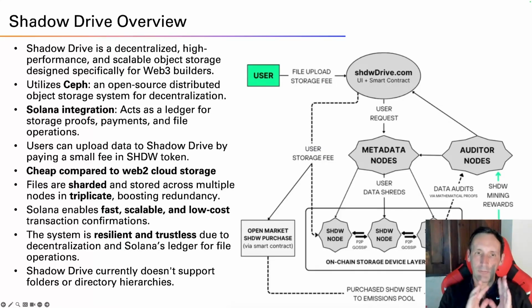I know this is a really busy slide, but I'll try and break it down in a simple manner. Using Shadow Drive to host files for our application is easy. You'll see that in a minute, but it's not that complicated.